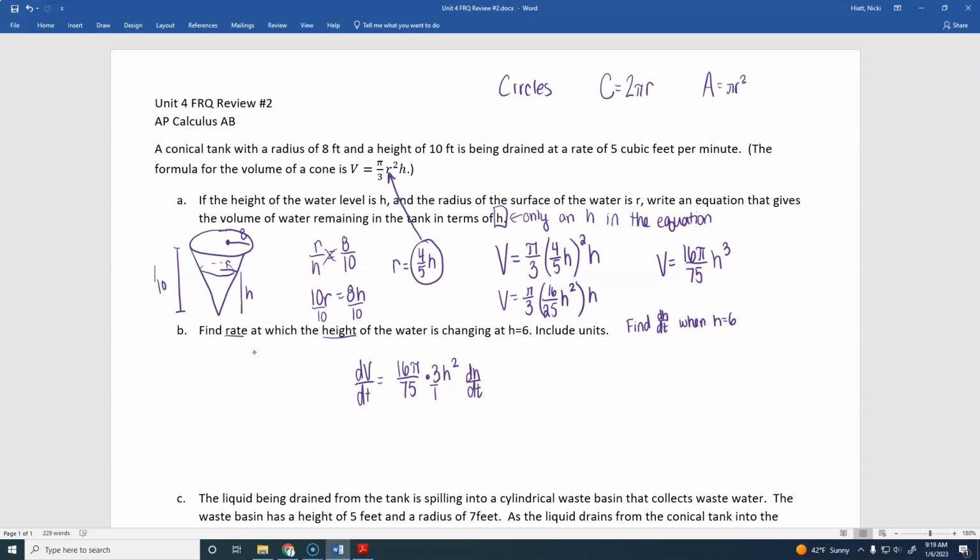You could multiply, or I would just reduce this and make that a 25. And so dV/dt is 16 pi over 25 h squared dH/dt.